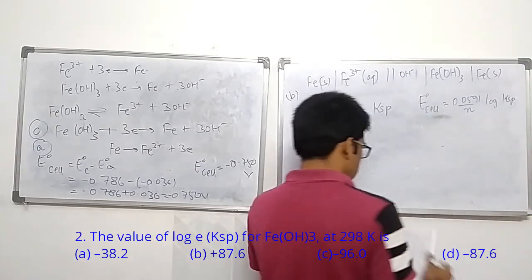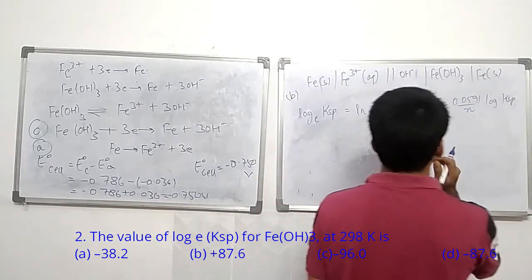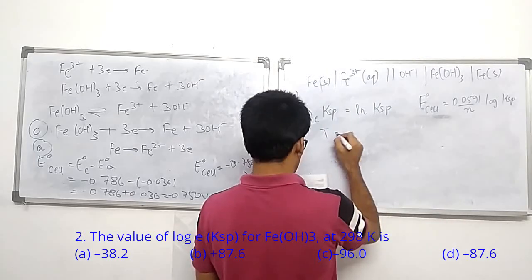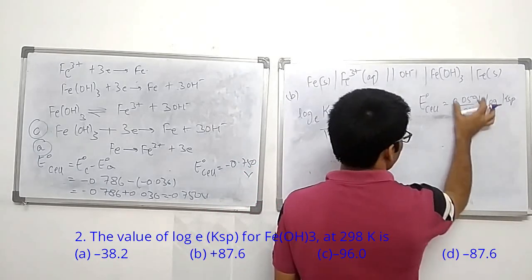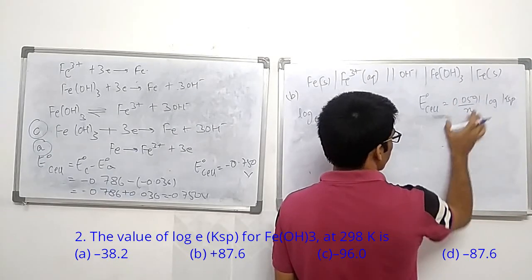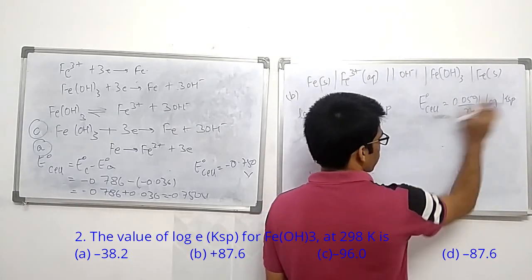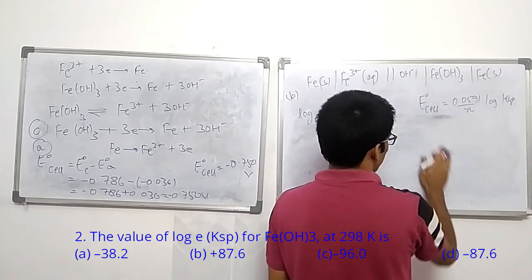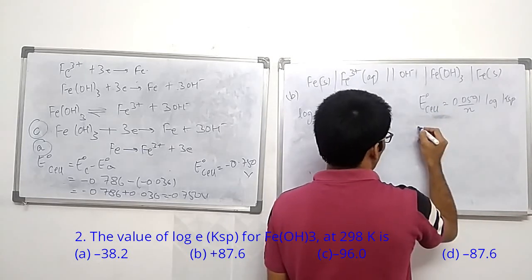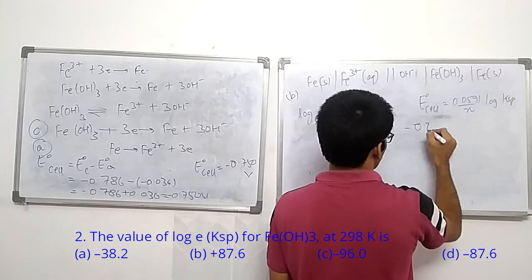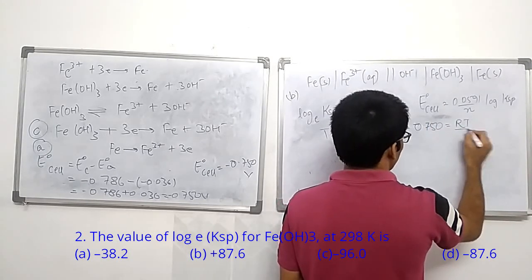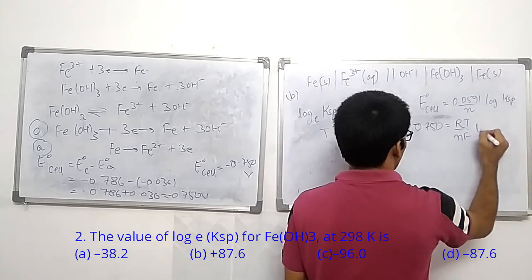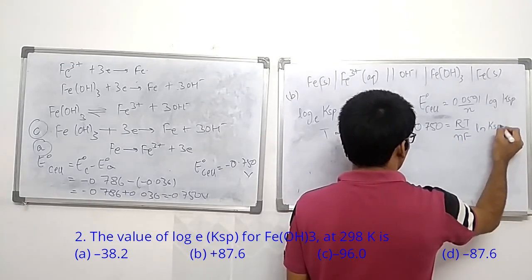Now there is a difference. The difference is that they have given the temperature to be 298 Kelvin. So I should not use 0.0591 because I need to find ln. Otherwise I would get log. So what I can do is I will write it as minus 0.750 is equal to RT by nF ln KSP.